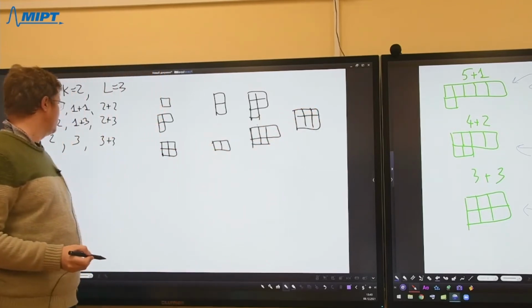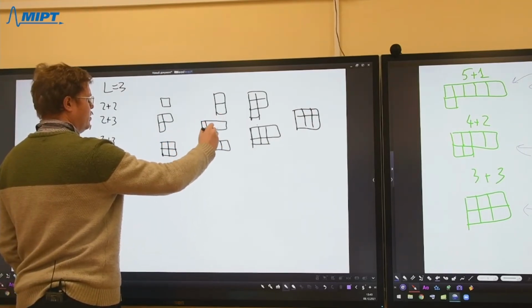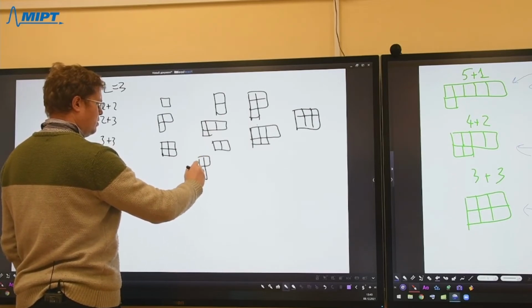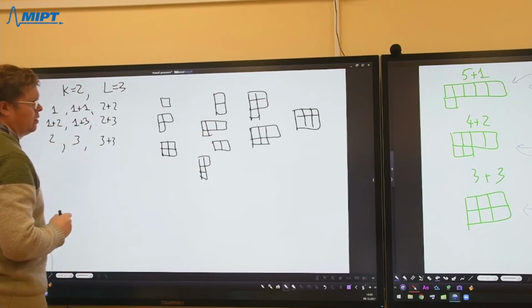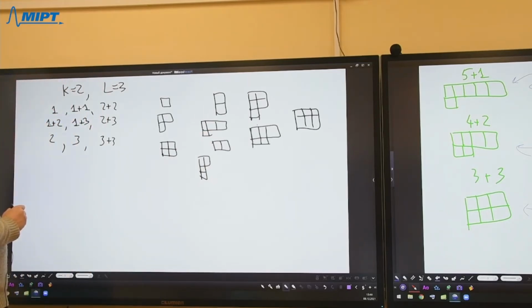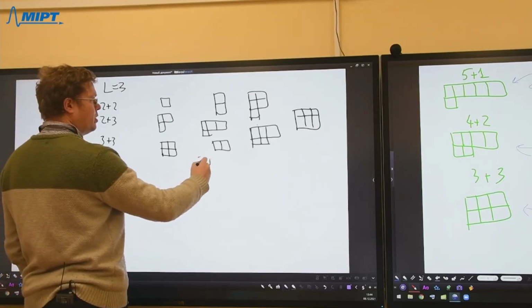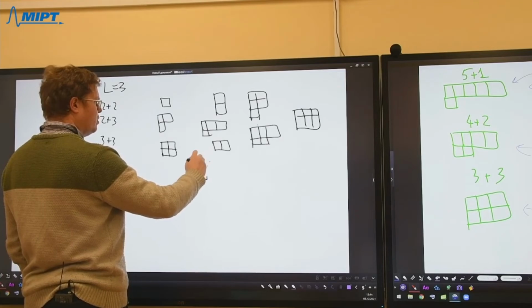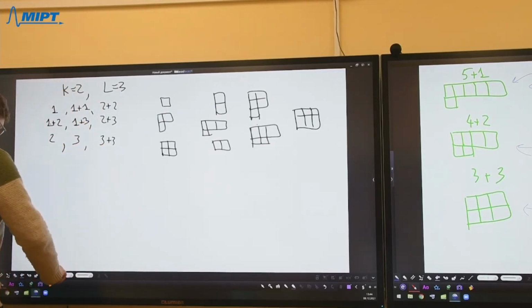If we forget about 1, 3 and 3, 1, that is 1, 2, 3, 4, 5, 6, 7. No, this option is not possible. So we have 2 rows here, and no more than 3 columns.